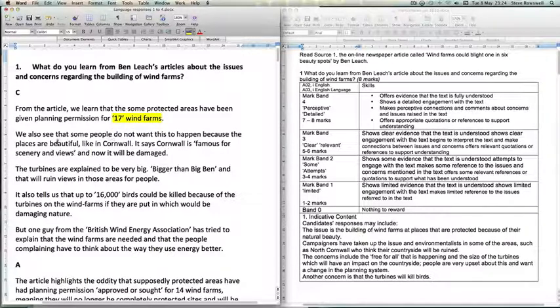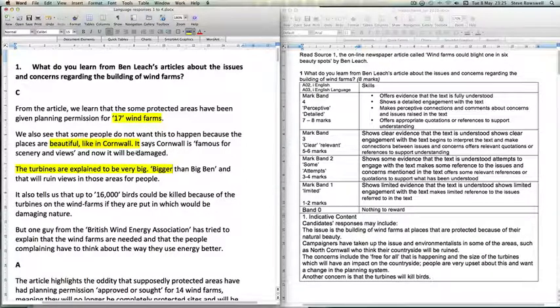They haven't really addressed what the issues are, and their explanations therefore need to be much clearer and more relevant, and that would put them into band 3, whereas at the moment in their response they're still quite in band 2 and only making some attempts to answer the question.